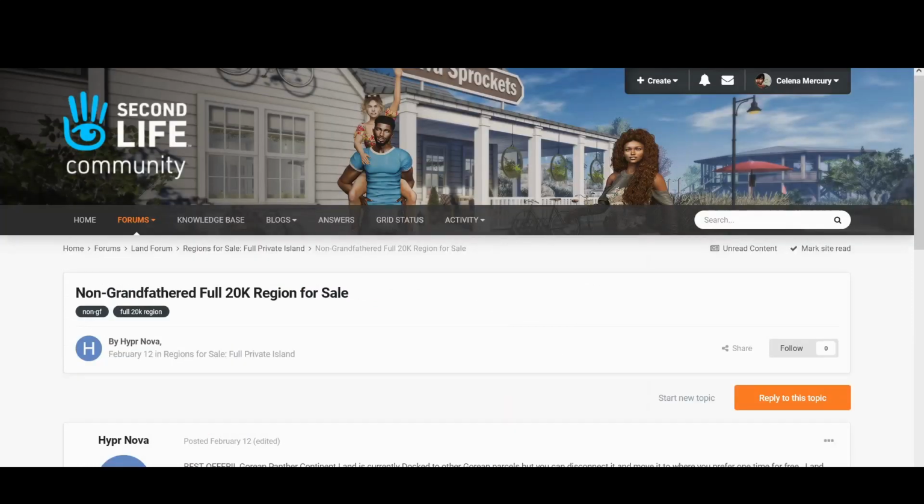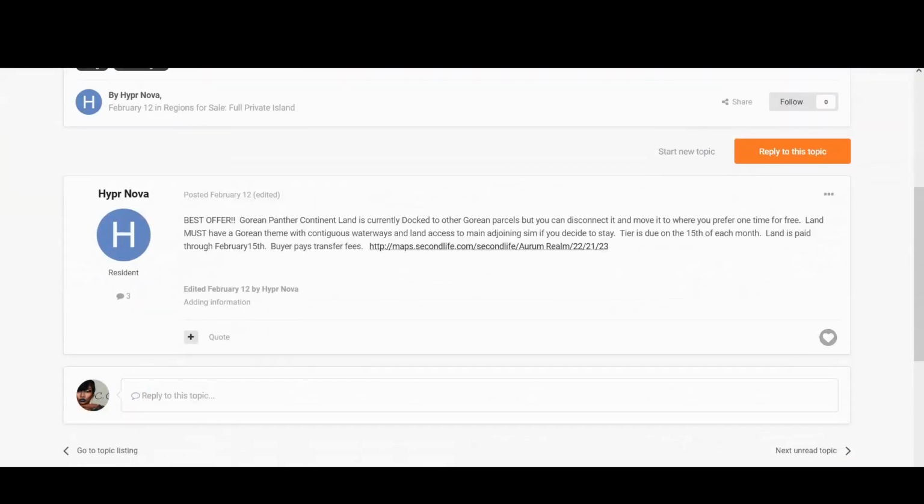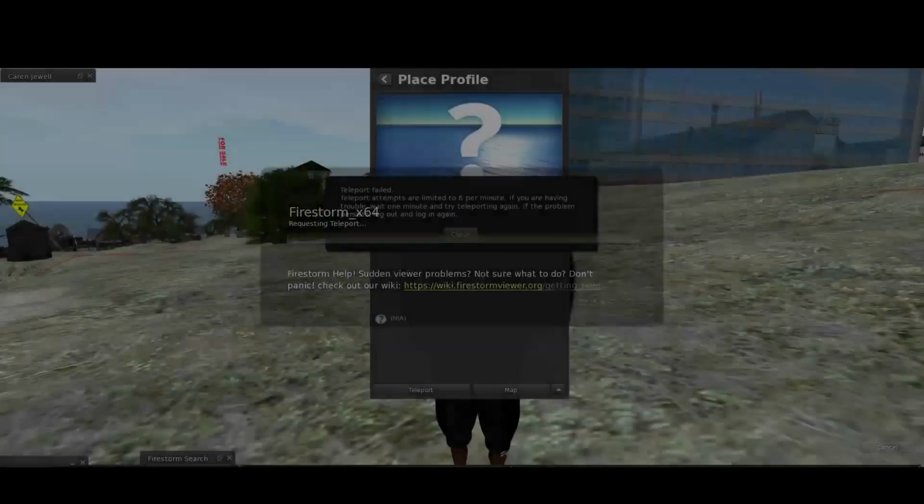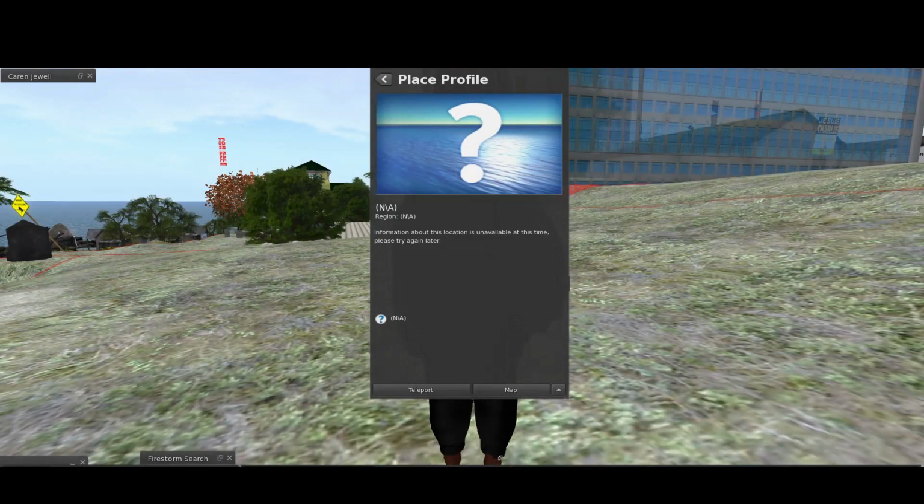Let's see, let's look at this one. Best offer, Korean Panther Continent. Currently docked to other Korean parcels, but you can connect it and move it. And must have a Korean thing with contiguous waterways and land to main adjoining sim if you decide to stay. Okay. Land is paid through the 15th, and the buyer pays the transfer fees. Let's go see if this is still available. It is. Let's go look. Oh, it's not showing it.